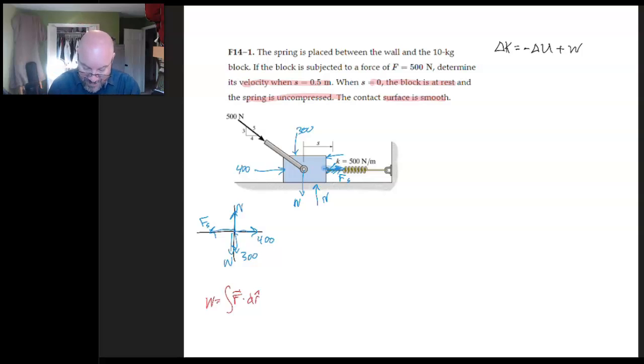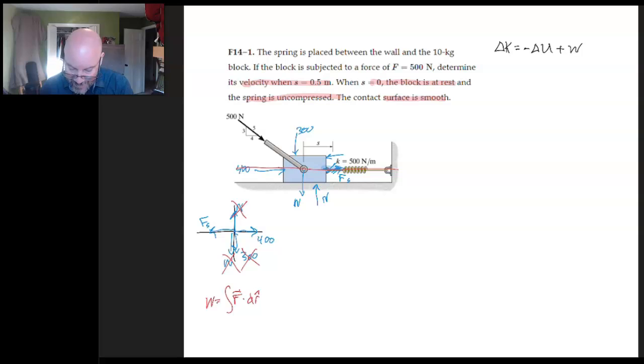So in this case here, we've got horizontal motion, okay? And that means automatically normal force doesn't matter. The 300, that downward component doesn't matter, and the weight doesn't matter. So all that matters with my energy change is the 400 and my spring, okay? So let's put that into action.